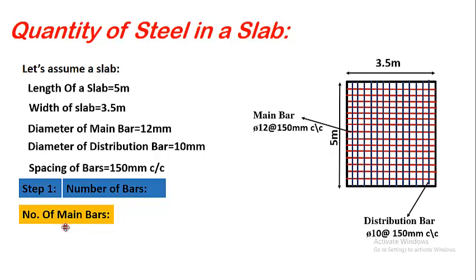To calculate the number of main bars, we will divide 5 by 0.15. 5 is the length along which main bars are placed, and 0.15 is the spacing, 150 mm converted into meters. Plus 1, we get 34.3. Say 35 main bars will be required for 5 meters of length.